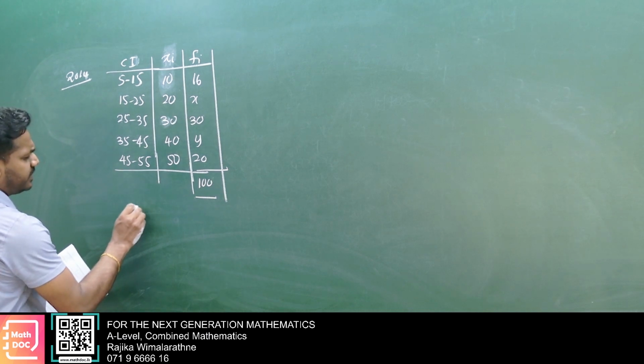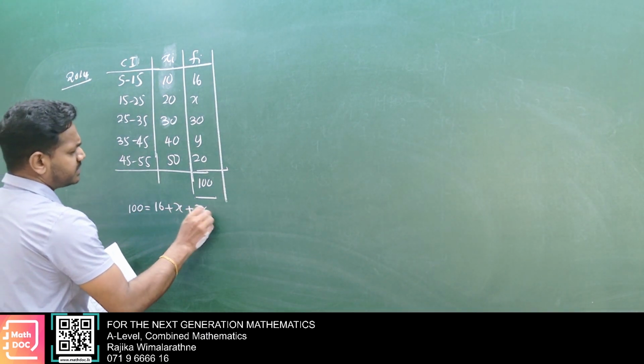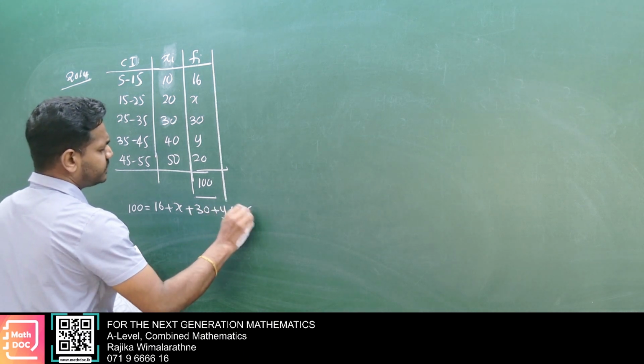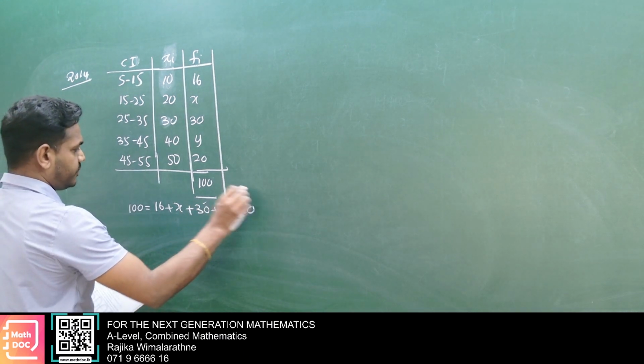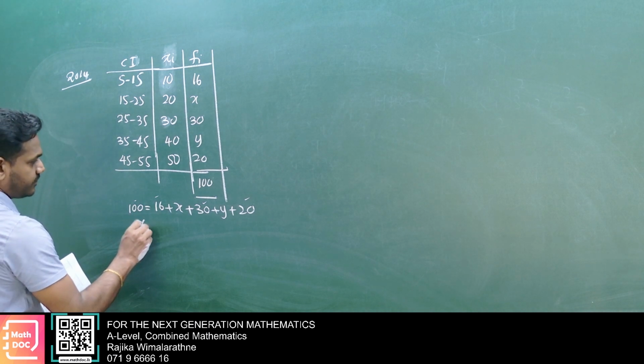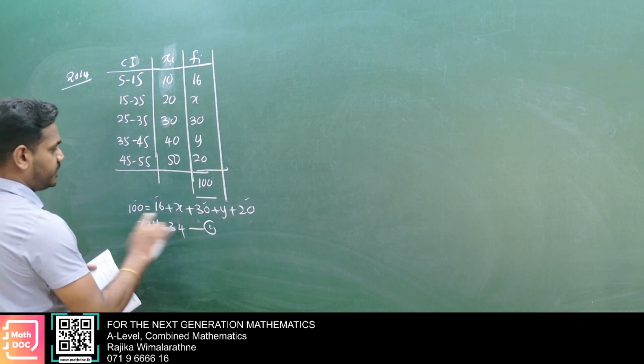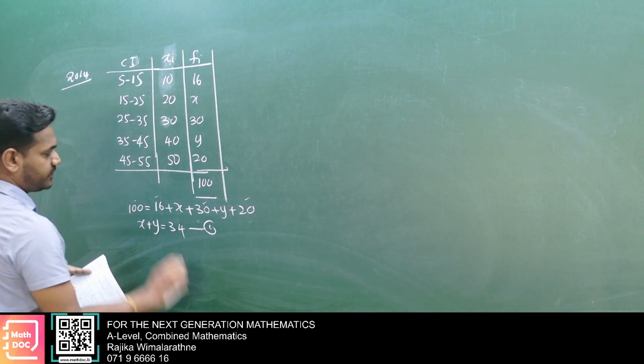So 100 equals 16 plus x plus 30 plus y plus 20. Here 50, 50, 40, 34.